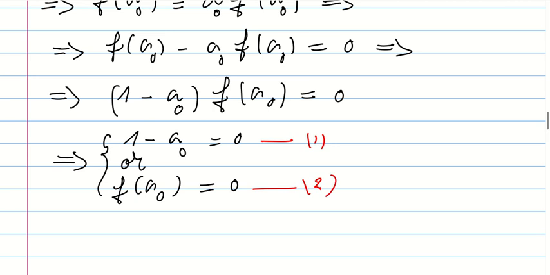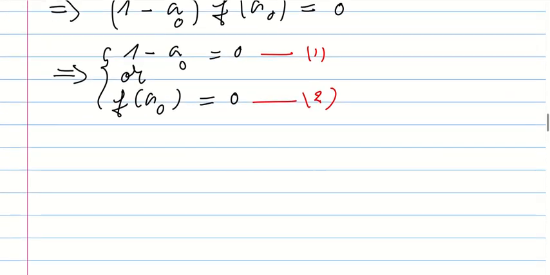Let's begin with the easiest case, which is the second case. The second case is easy to prove impossible. We have f of a 0 equals 0 is impossible.